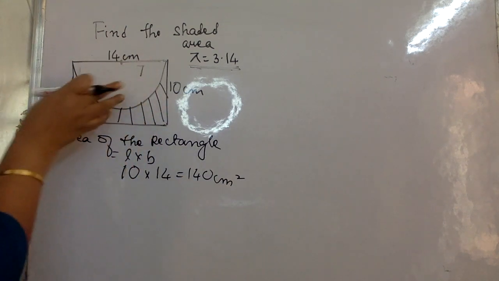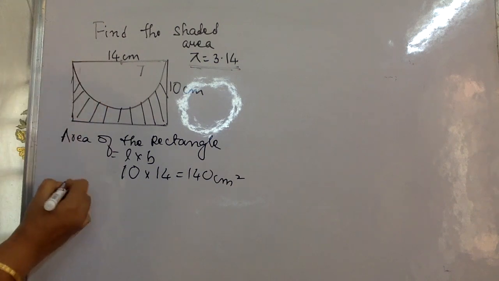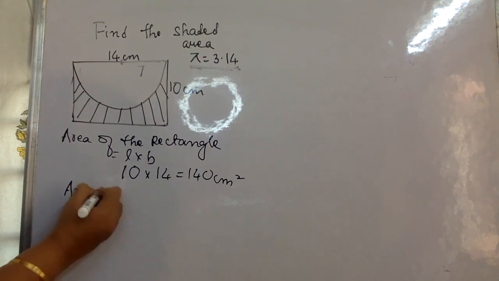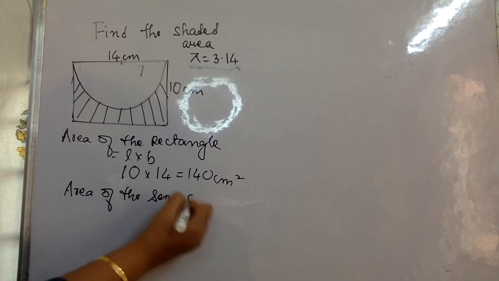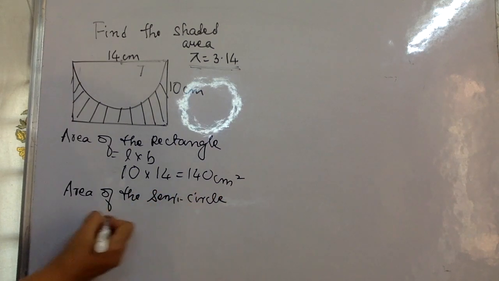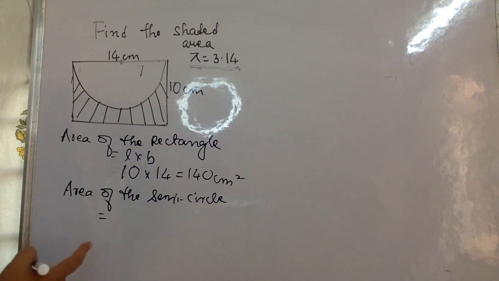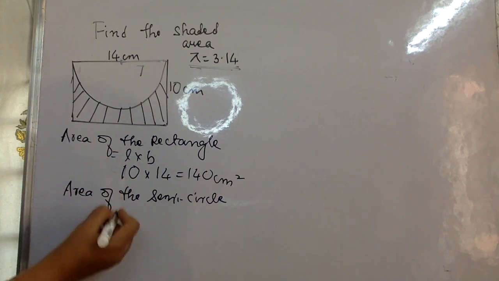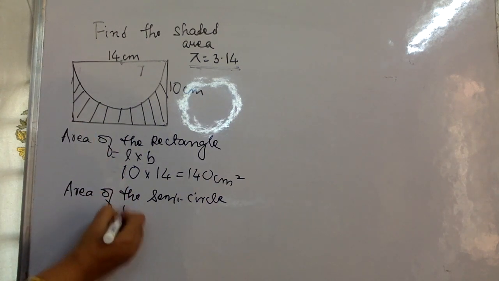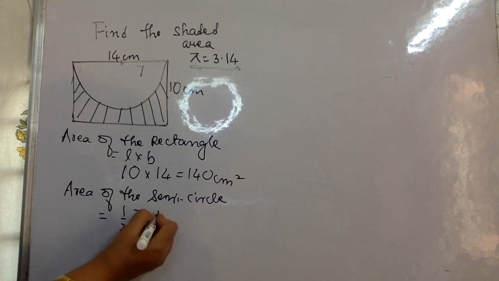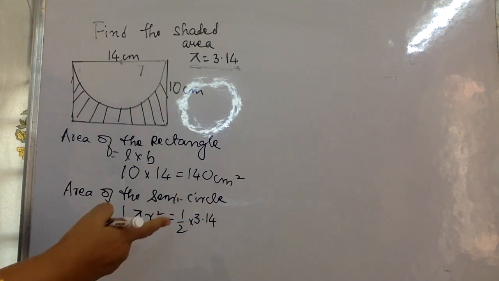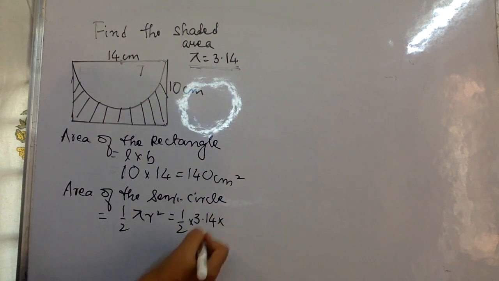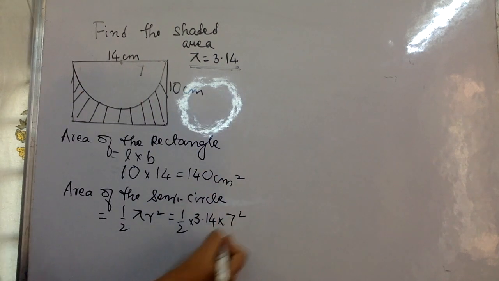140 centimeter square. That is the area of the rectangle. From this area of the rectangle, we have to cut out this semicircle. Area of the semicircle is equal to half pi r square. Half into 3.14, because they asked us to use 3.14, into 7 square.